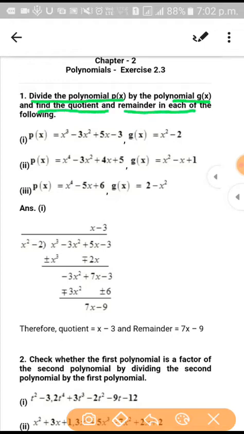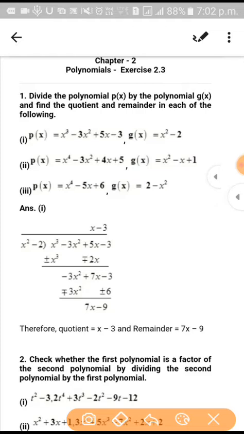So px will be our dividend, gx will be our divisor. We have to find what? Quotient and remainder. So you know how to divide. Let us do one. I am going to take part 1 here.